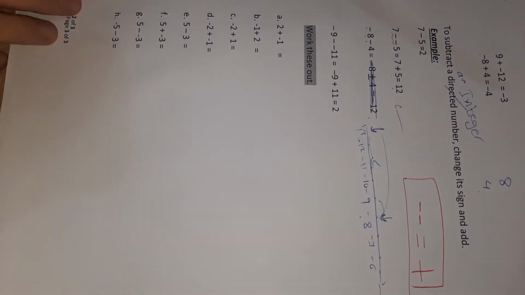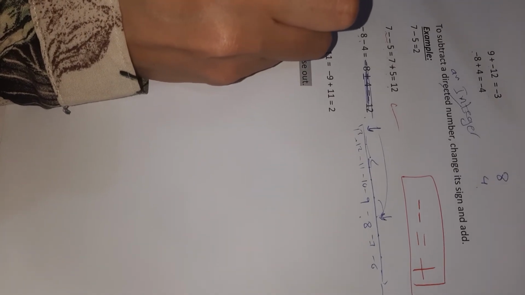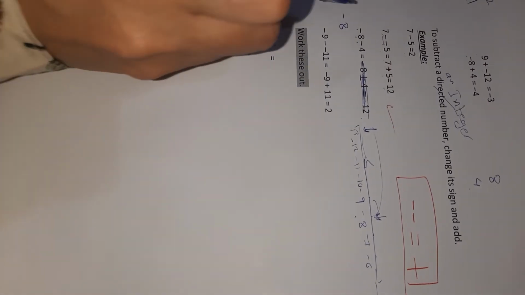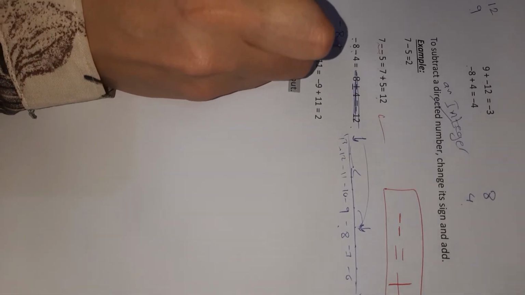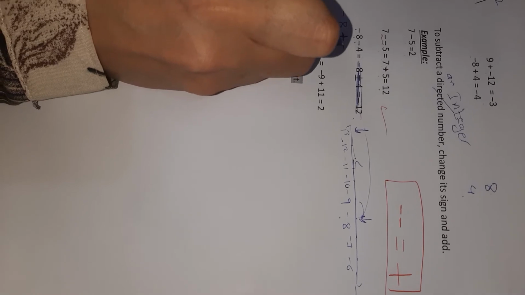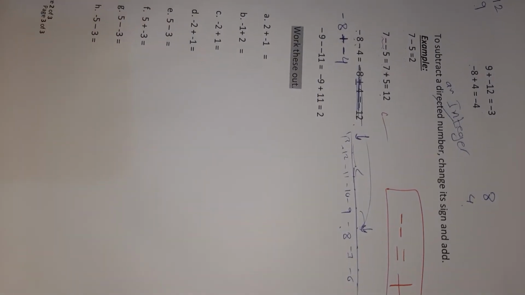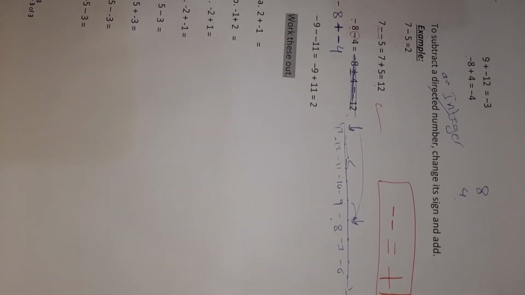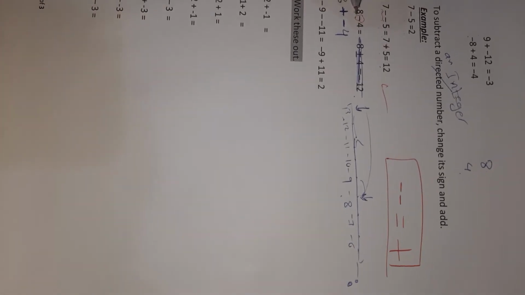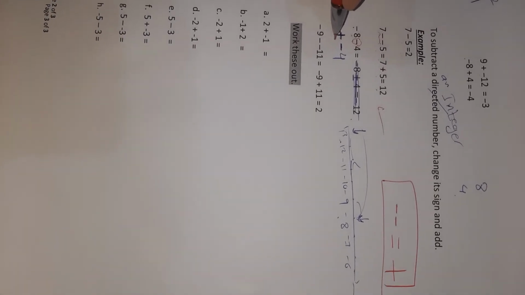Or look, this is negative 8. You can switch the negative sign by positive, then negative 4. Again, this is negative. You can switch the negative sign by positive and negative.